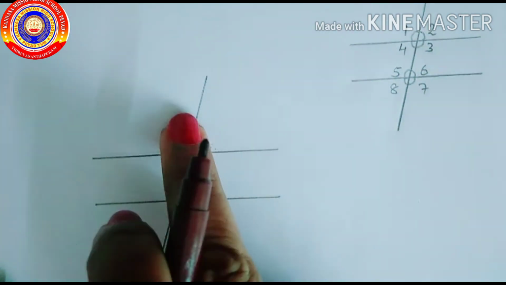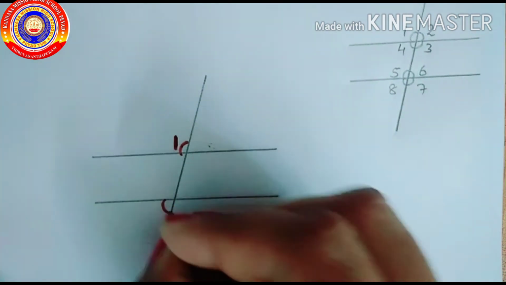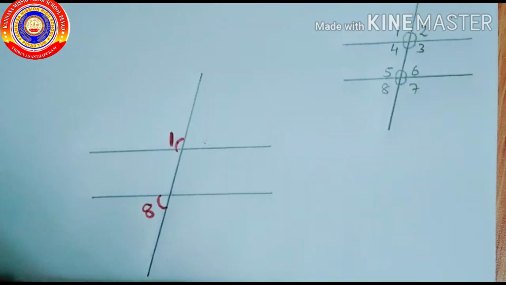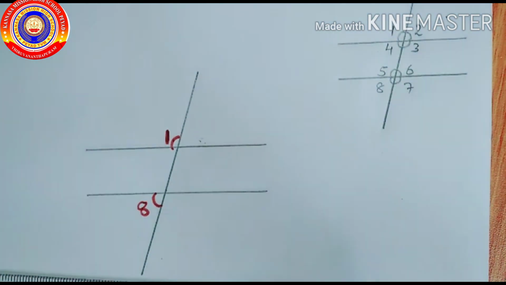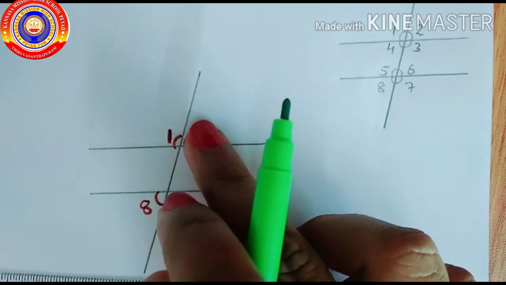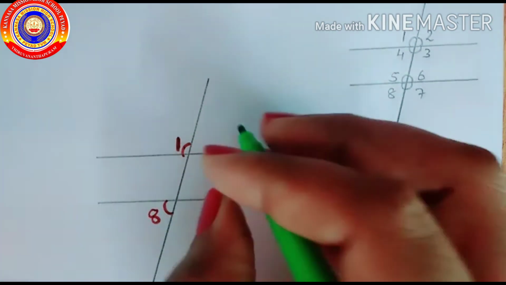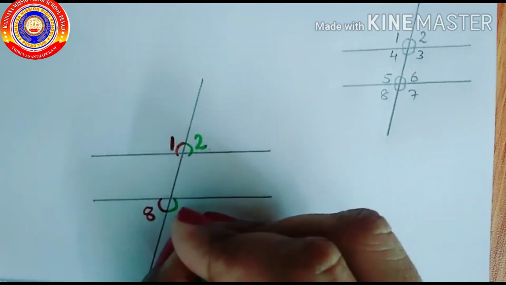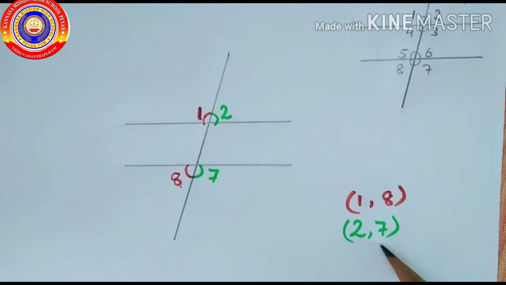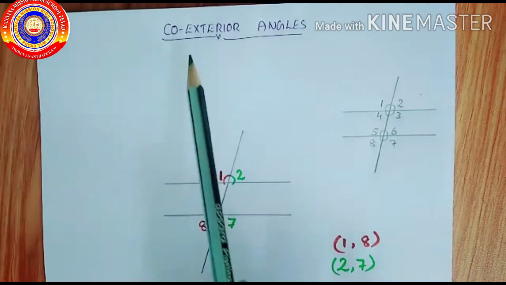The first co-exterior pair is angle number 1, and opposite to angle number 1 is angle number 8. There is another pair of co-exterior angles, that is angle number 2 and angle number 7. Here there are two pairs of co-exterior angles.